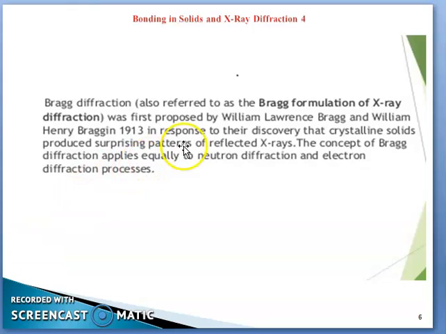Bragg's diffraction is also referred to as Bragg's formulation of X-ray diffraction. Bragg's diffraction was first proposed by William Lawrence Bragg and William Henry Bragg in 1913 in response to their discovery that crystalline solids produce surprising patterns of reflected X-rays.